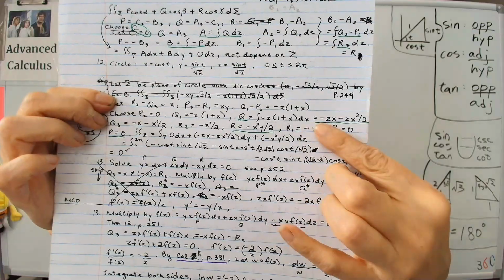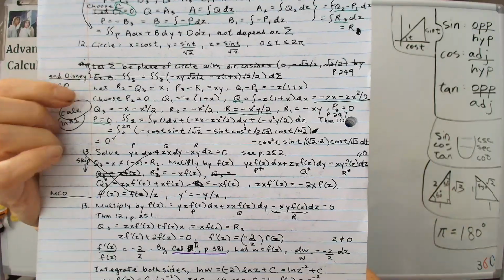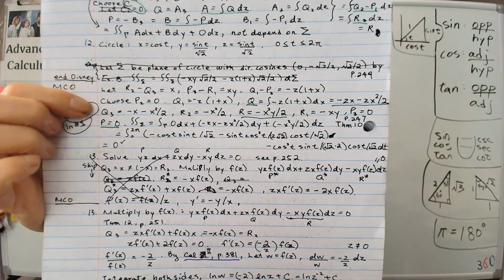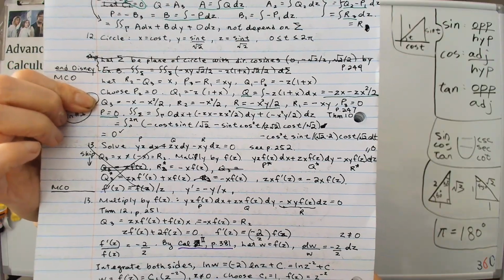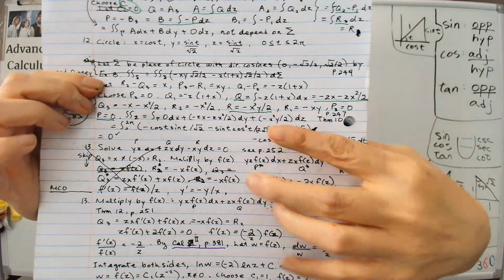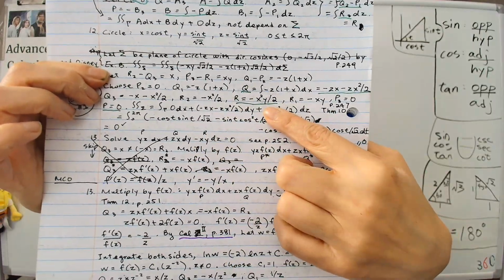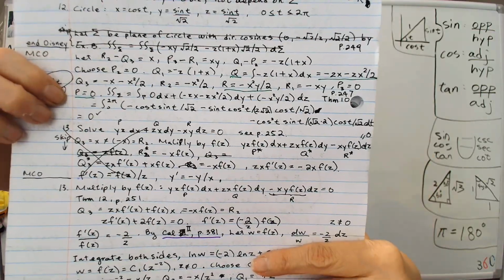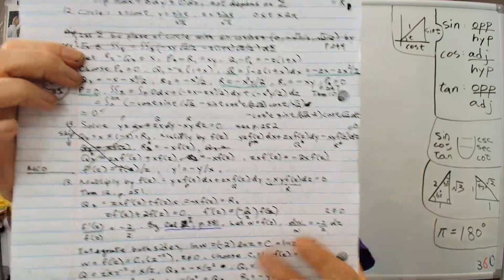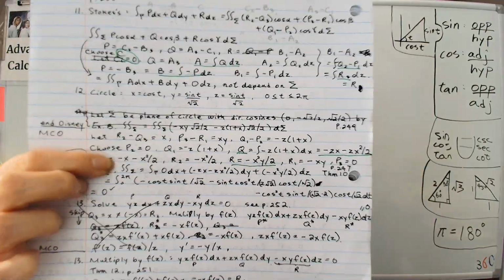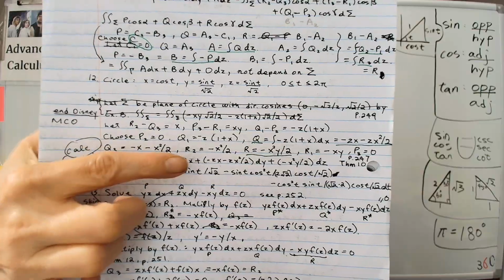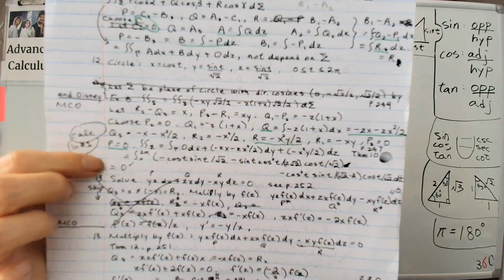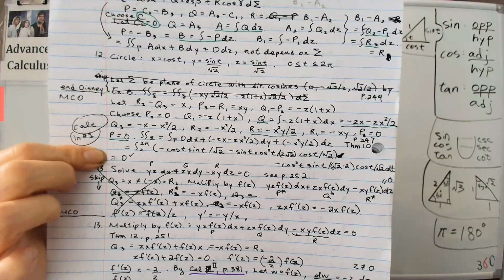Then Q3 is this thing, which means R2 is that, and we can calculate R. And P is 0, because we're choosing P to be 0. So the integral according to Stokes' theorem on top will be equal to that pile of stuff. Everything works out, and it ends up being 0, which is okay.